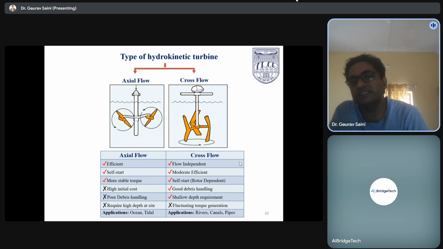But the problem with this is the fluctuating torque generation, and they are moderately efficient as compared to the axial flow. But keeping in view the riverine systems, specifically in various states, it is recommended by researchers that the cross flow turbine is very suitable for such kinds of applications.